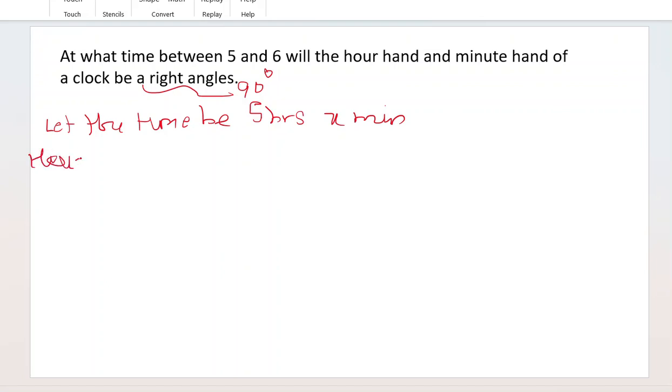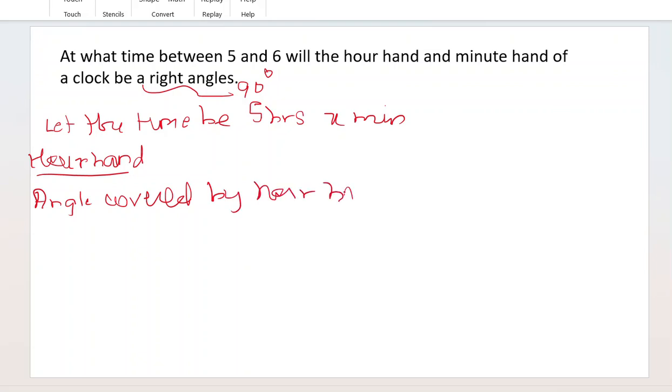Therefore now I take the hour hand and I calculate the angle. I use the similar procedure. Angle covered by the hour hand in 5 hours will be 30 degrees into 5, which is 150 degrees.